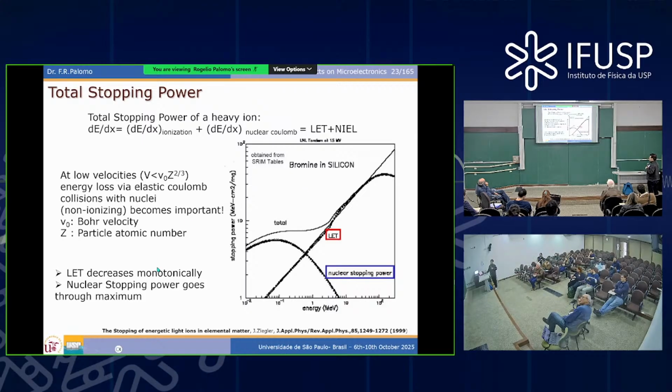This is the paper from Ziegler. SRIM is a software created by only one person. It's very good, and it was used for more than 30 years.